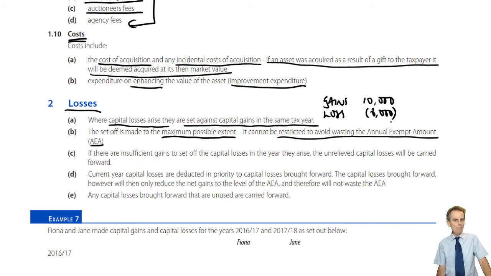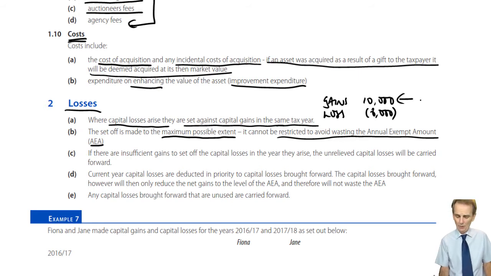Would there be any point in terms of tax saving this tax year of yielding that loss in the current tax year? And the answer to that question should be no. There's no saving, there's no benefit gained from yielding that loss this year. If we only make that gain this year, it is 10,000.